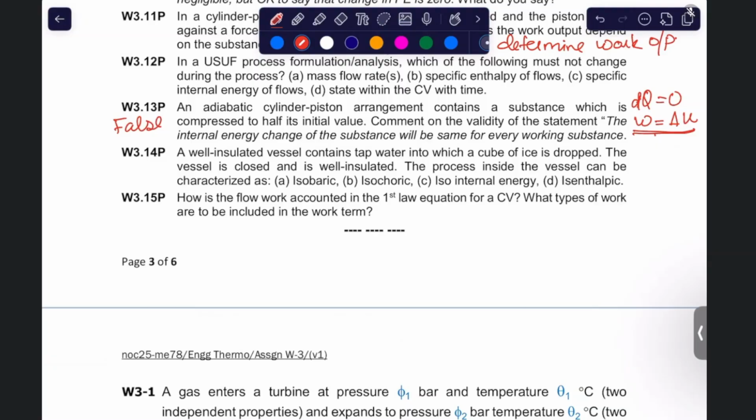Okay. Now, next is, if the volume of the water plus ice is basically the volume of the container, and the container's volume does not change, then it can be considered isochoric. But just like how I said, ice has a different density.